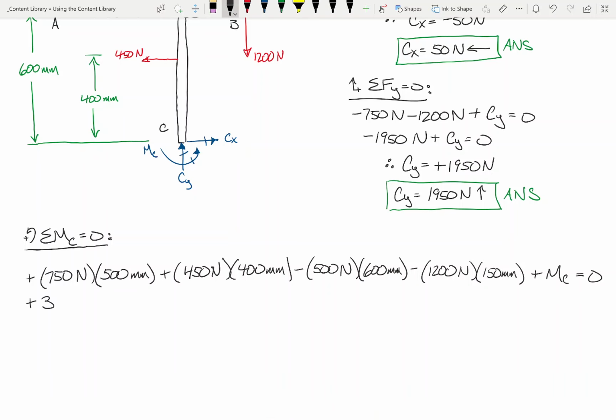So chug this one out. This one's 375,000: 750 times 500, and the units are that. Then 450 times 400 is 180,000. Here, I don't think we need that plus anymore. Minus 500 times 600 is 300,000.